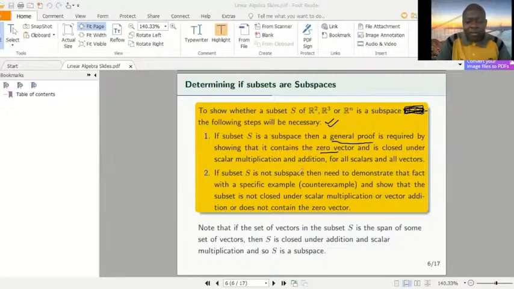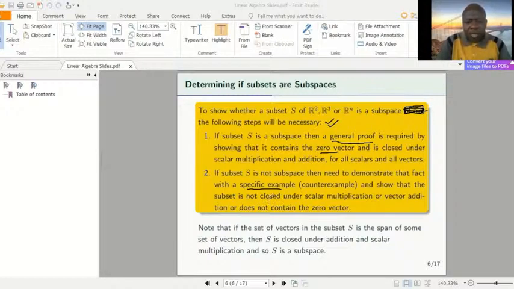And if it's not a subspace, then you need to demonstrate this by taking a specific example, which we call a counterexample. Then show that this subset will not be closed under addition, or is not closed under scalar multiplication, or does not contain the zero vector.